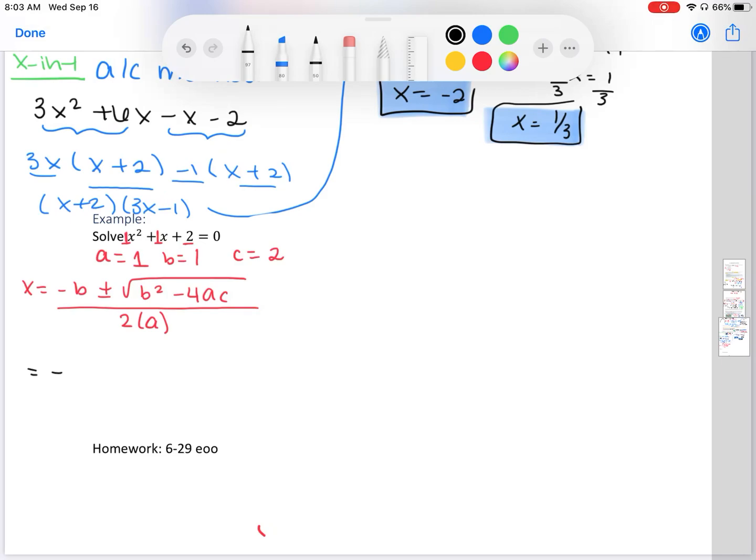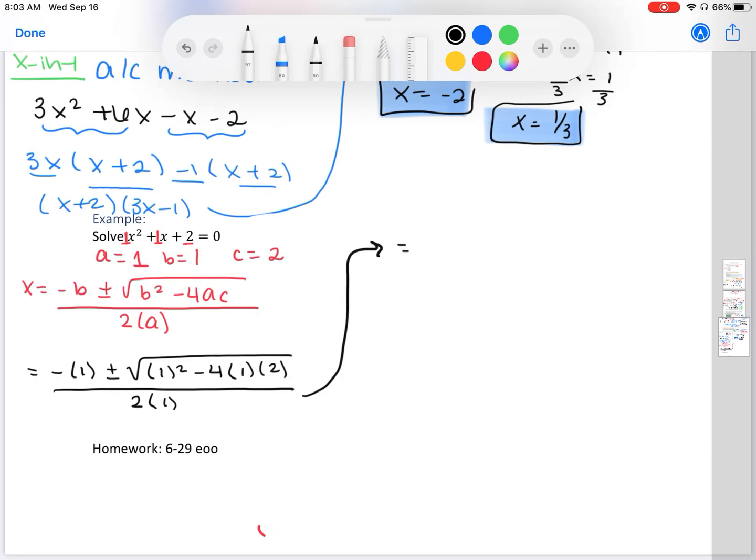So I have negative, my b is 1, plus or minus the square root of, and when you're plugging in these values, use parentheses to avoid creating a silly mistake. Next we have b squared, so I have 1 squared minus 4 times a, my a is 1, times c, my c is 2, all divided by 2 times a, which is 1. Okay, that's half of the work. Now I just need to simplify.